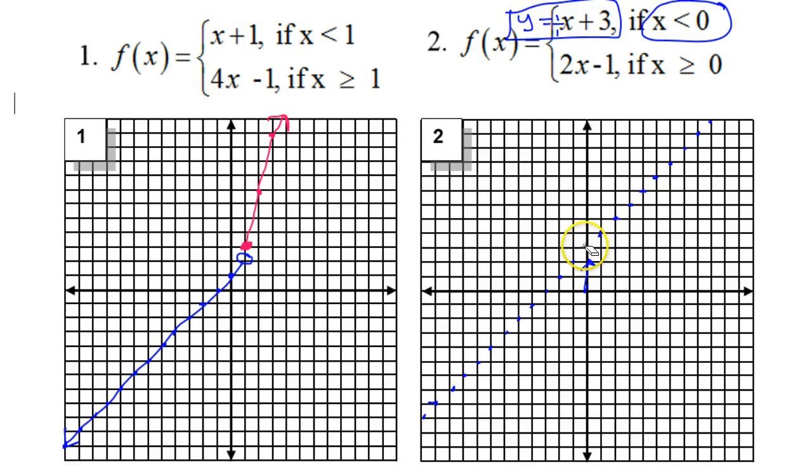So wait for my eraser to show up. Again, I'm going to make this endpoint an open circle because I want the x values to be less than 0, not equal to 0. So less than 0, so I'm going to draw the part of the line that is going to the left.